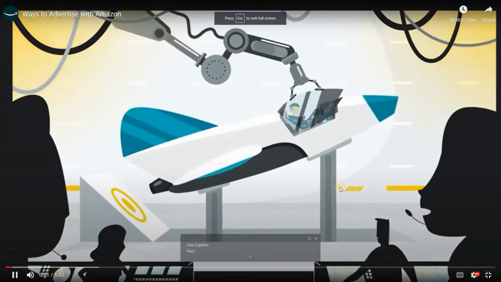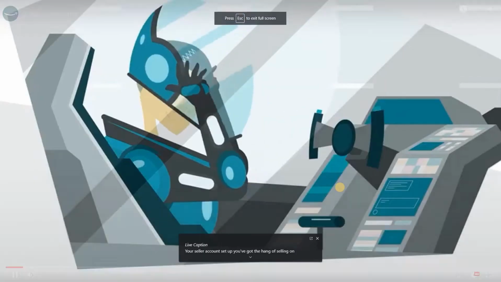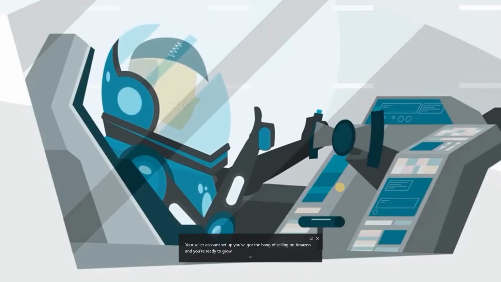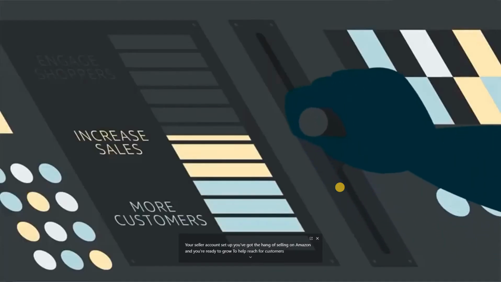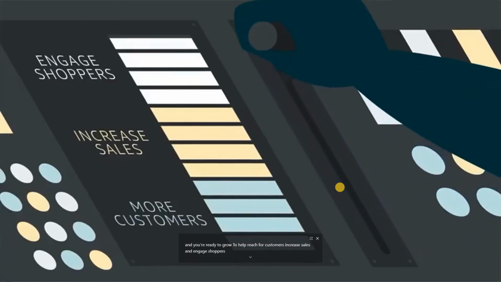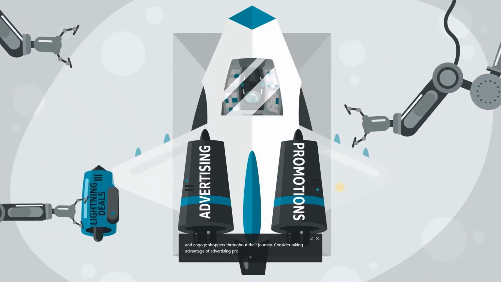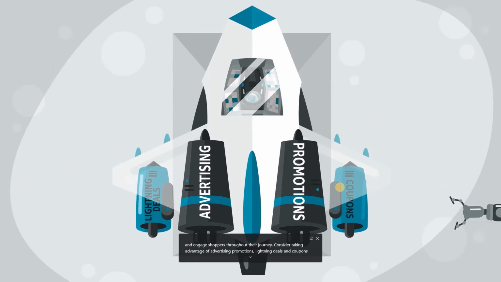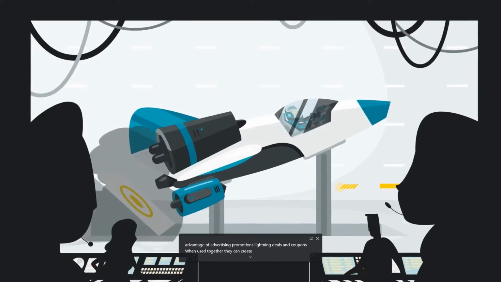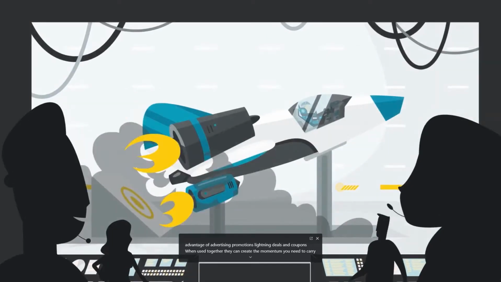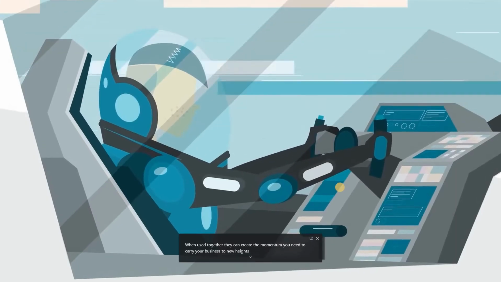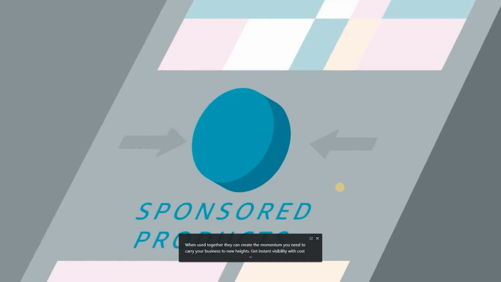Your seller account is set up, you've got the hang of selling on Amazon, and you're ready to grow. To help reach more customers, increase sales, and engage shoppers throughout their journey, consider taking advantage of advertising, promotions, lightning deals, and coupons. When used together, they can create the momentum you need to carry your business to new heights. Get instant visibility with cost-per-click ads.